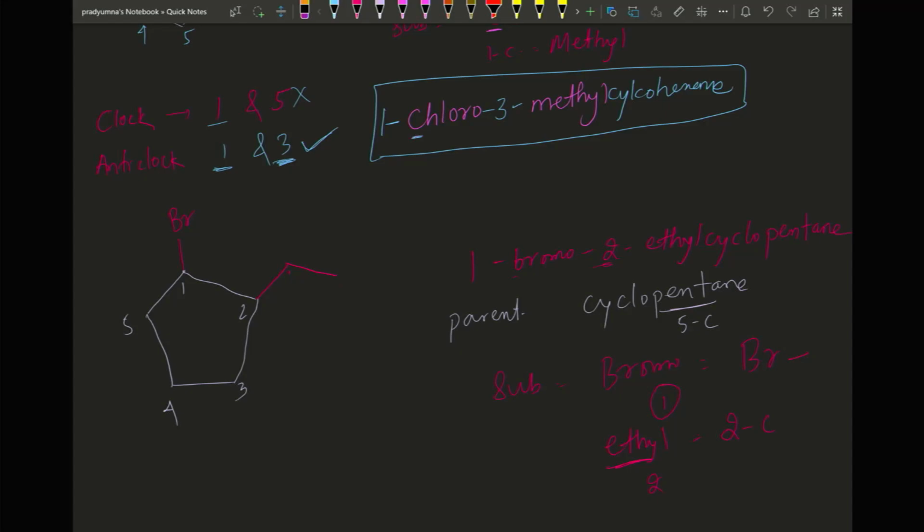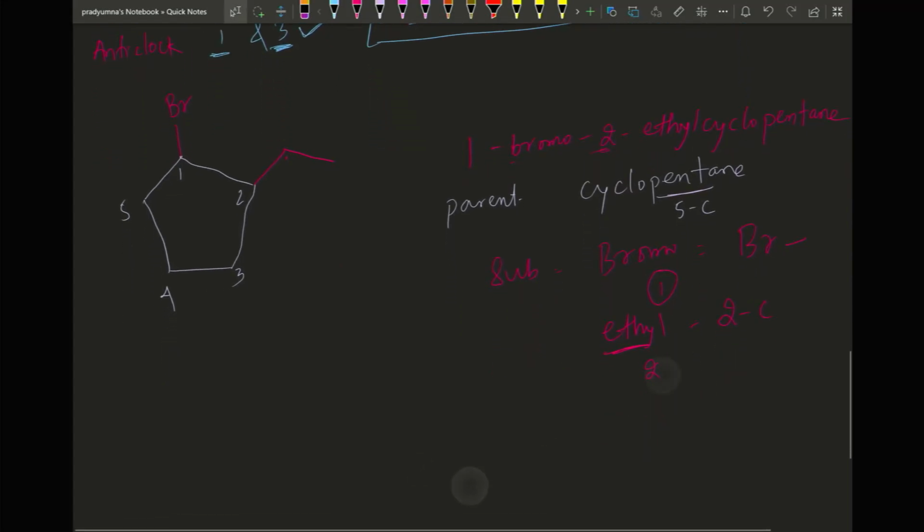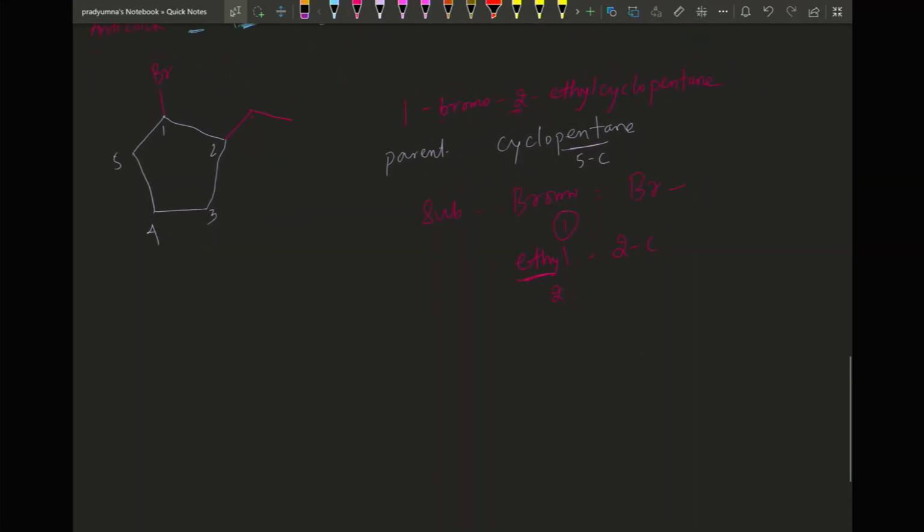So again, if you are not comfortable with the line angle, you can always go back to the actual expanded structure. It's just a lot of work, but you'll get it right. So in this method, you will never be wrong. Okay, so we're gonna number them 1, 2, 3, 4, 5 because it's pentane.